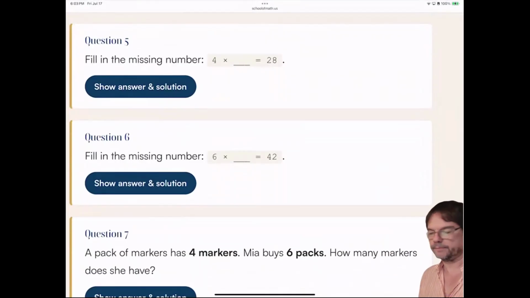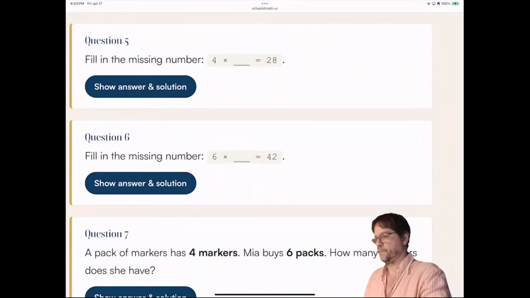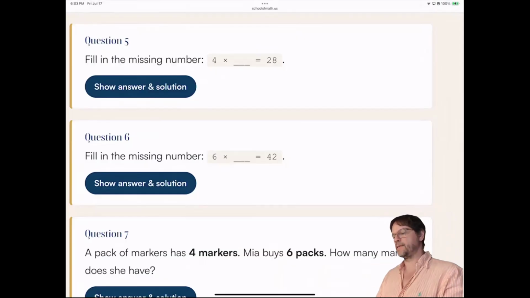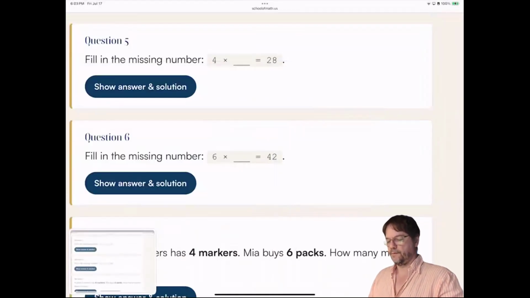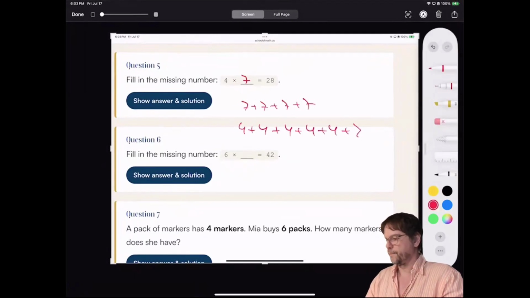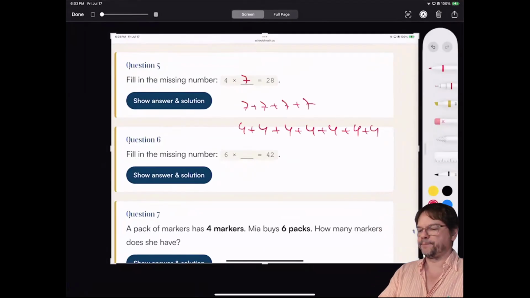Number 5. Seven, exactly. Okay. So 7 here. 7 plus 7 plus 7 plus 7, 28. Or 4 times 7, or 7 times 4.